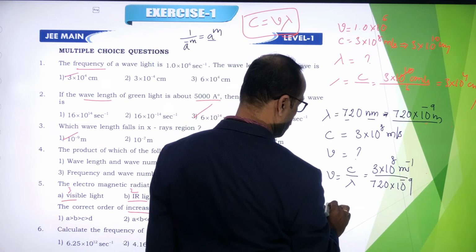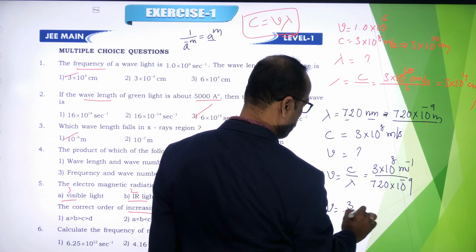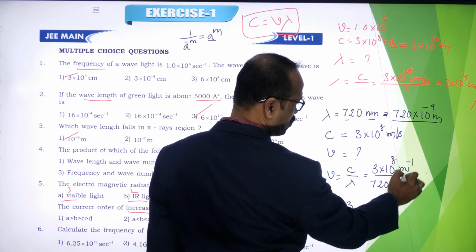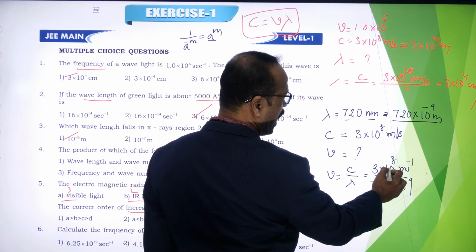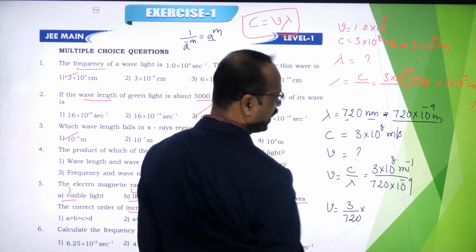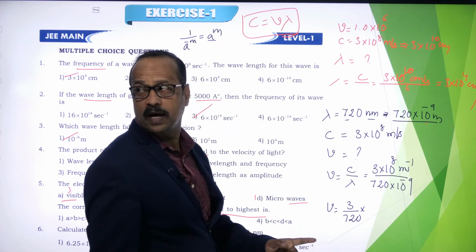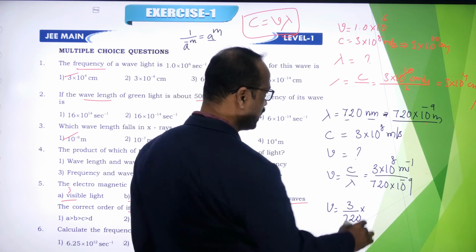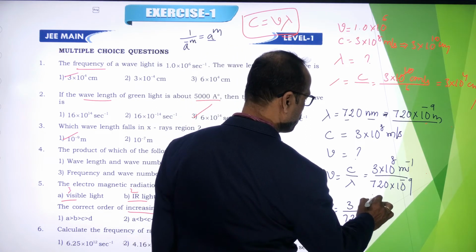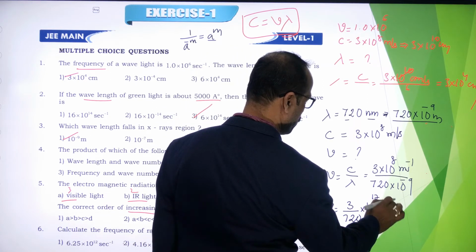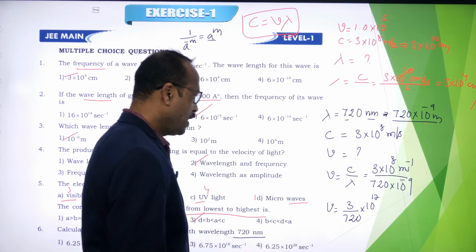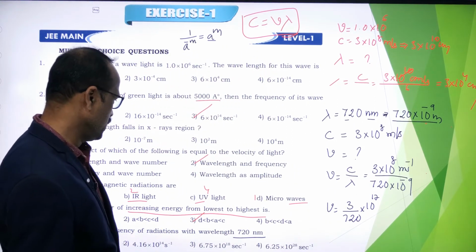So now nu is equal to 3 by 720 into 10 to the power of 9, and here 10 to the power of 8 into 10 to the power of 9. Bases are equal, powers should be added. So 8 plus 9 is equal to 17. So this becomes 10 to the power of 17. Right. Now we have to divide this one.